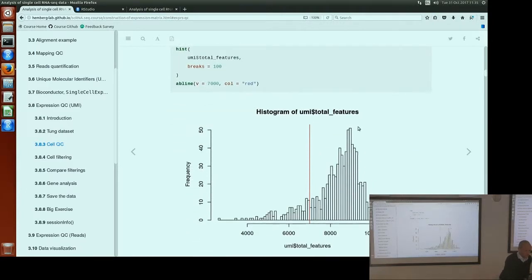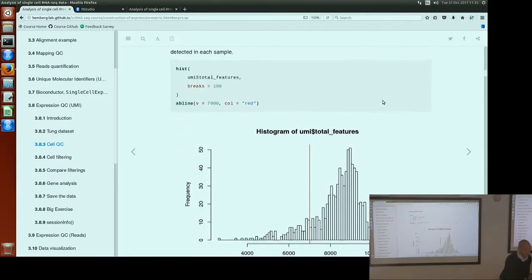We can do the same exercise with the number of expressed genes. I was asked at the break what are the expressed genes. In contrast to the previous histogram, where we plotted the sum of all molecule counts per cell, here we plot the number of genes that are expressed in each cell.